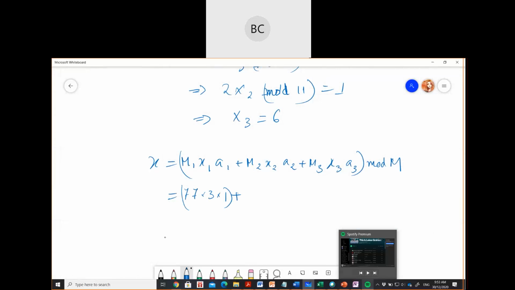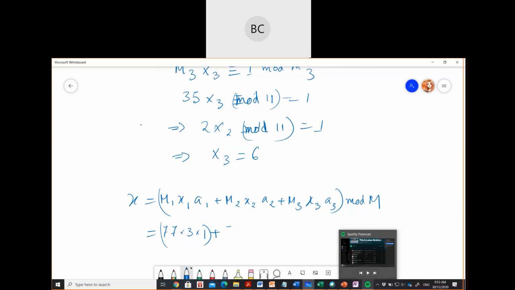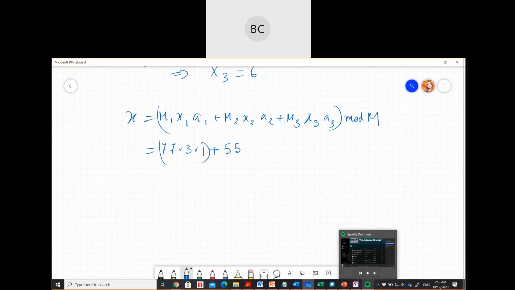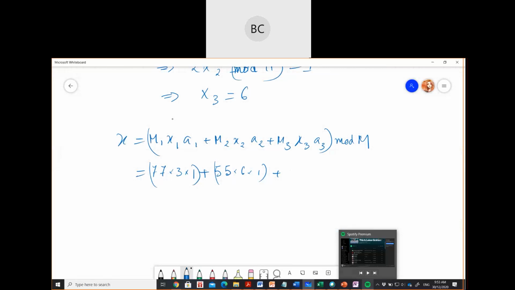Similarly, M2 is your 55, x2 was your 6, and a2 was 1. Okay, next M3 is 35, times x3 which is 6, and a3 was your 3.